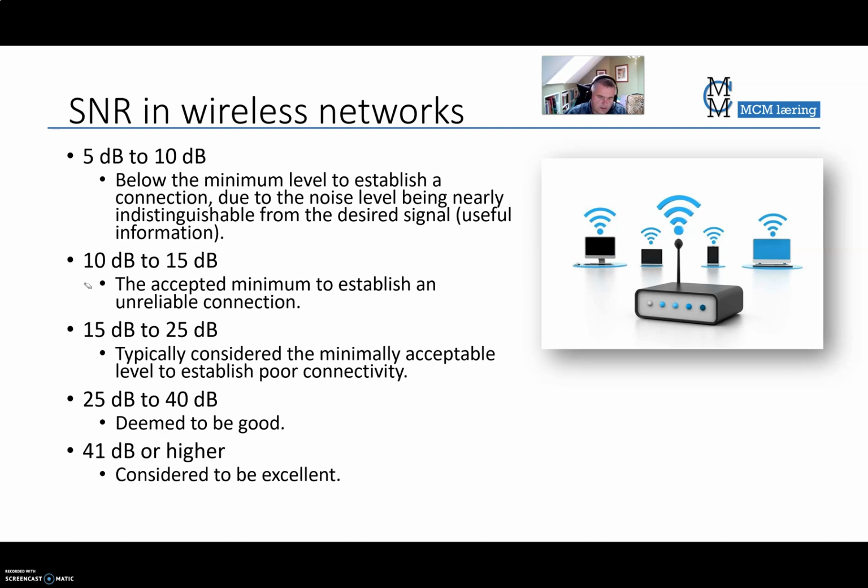So, if we have very low signal to noise ratio, 5 to 10 decibels, that means that definitely the signal is still stronger than the noise.